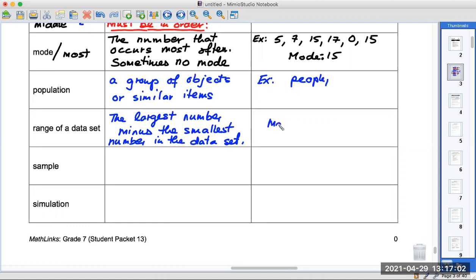So it's the maximum number minus the minimum number is equal to the range.